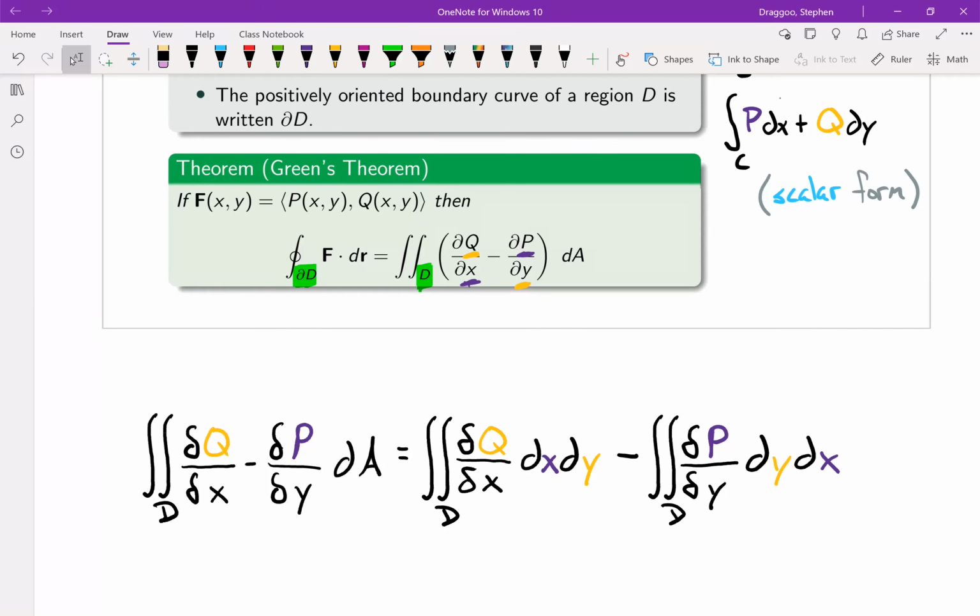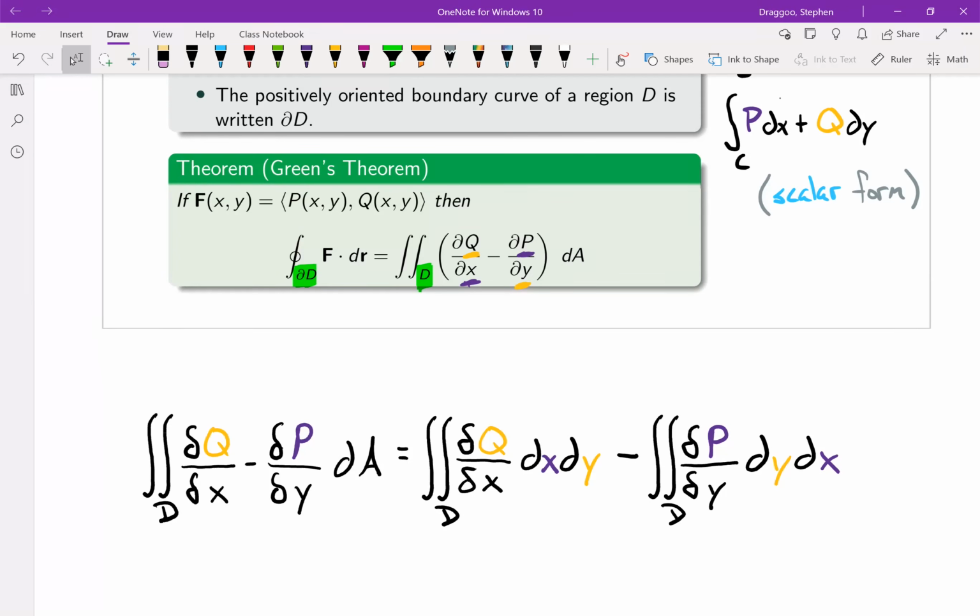Although I do want to at least look at pieces of it, to give us some idea of where Green's theorem comes from and what it's actually doing. This isn't going to be a rigorous proof by any means. I just want to look at a couple of pieces and get an idea of how to piece together this double integral to get into the line integral and see how they relate, and then hopefully relate this back to a Calc 1 topic to give us a better understanding.